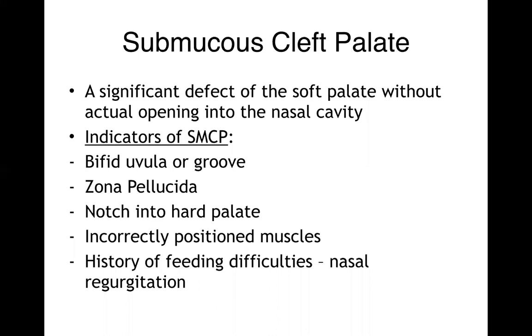The zona pellucida, which is that greyish, bluish color to the soft palate, and you get that because the cleft is underneath the tissue covering it. A notch in the hard palate, incorrectly positioned muscles, and another indicator would be that the parent reports a history of feeding difficulties and nasal regurgitation.